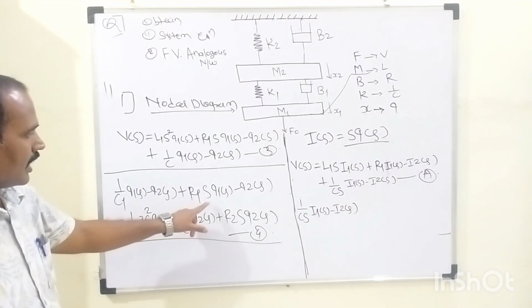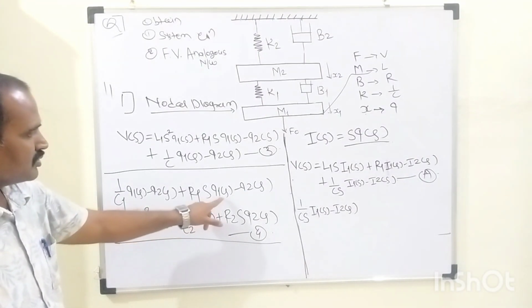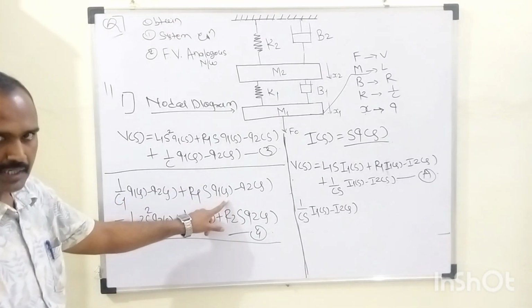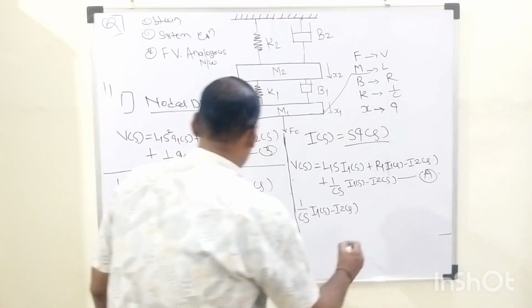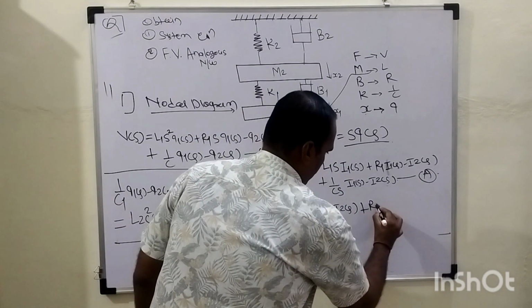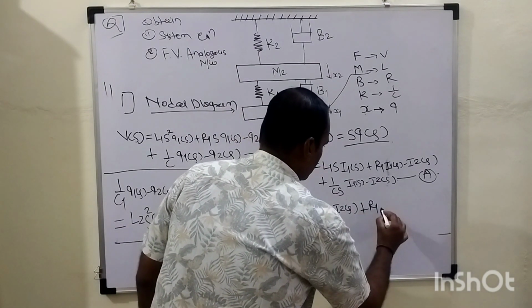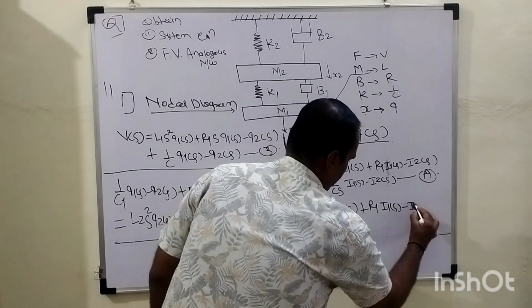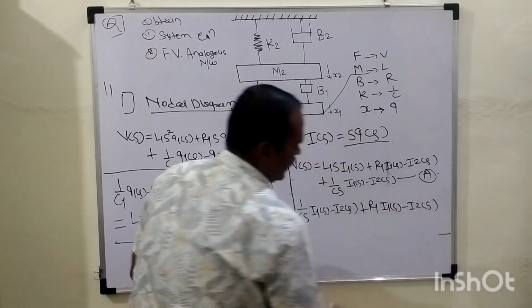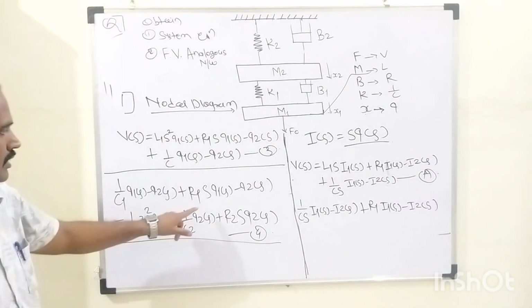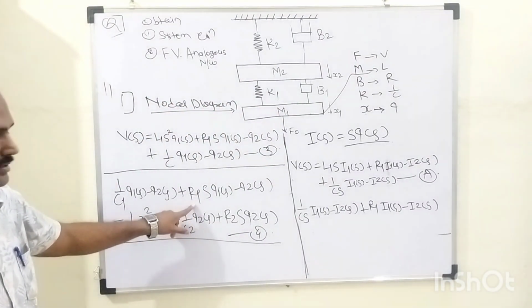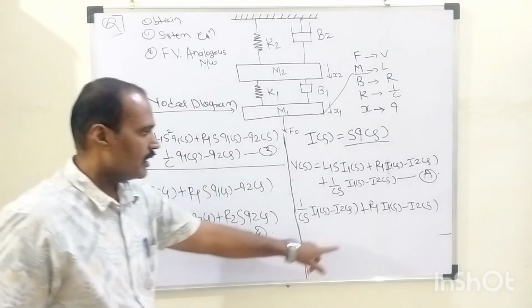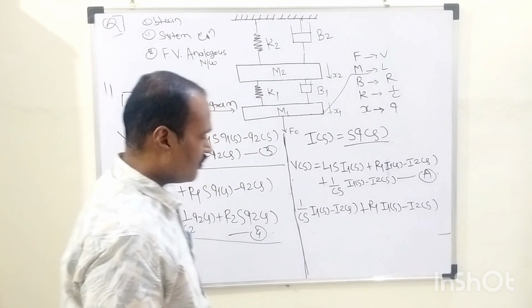Plus R1 into S times of Q1 of S minus Q2 of S. S into Q is nothing but I, right? So it will become plus R1 into I1 of S minus I2 of S, right? The coefficient of R1 is nothing but S times of Q1 of S minus Q2 of S. So it will become I1 of S minus I2 of S.